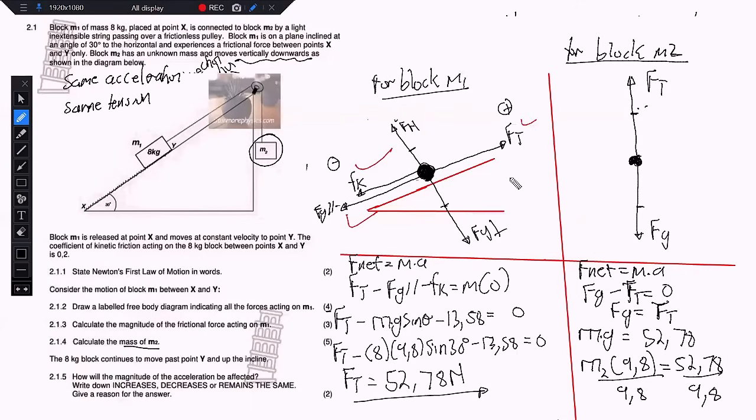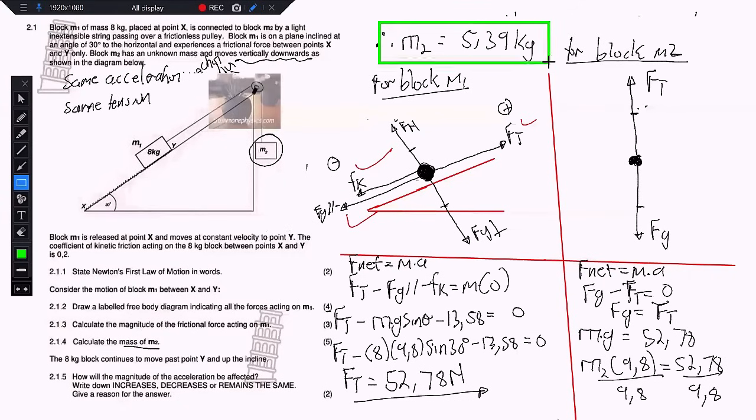And therefore the mass of block M2 will be 5.39 kg. So our final solution for M2 is 5.39 kg. That's how you were supposed to go about answering that one, for a total of 5 marks. So pretty decent marks for that.